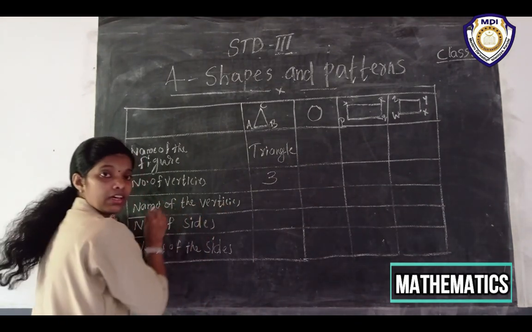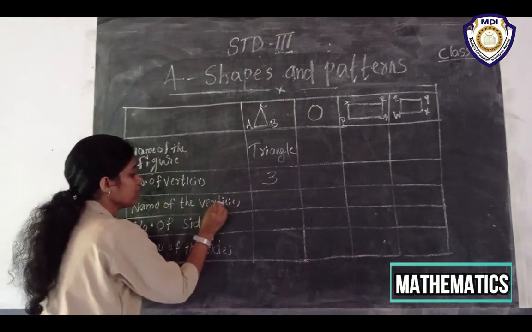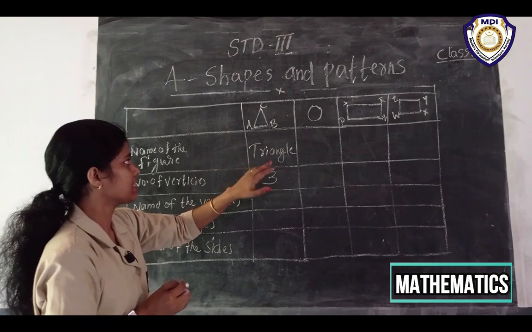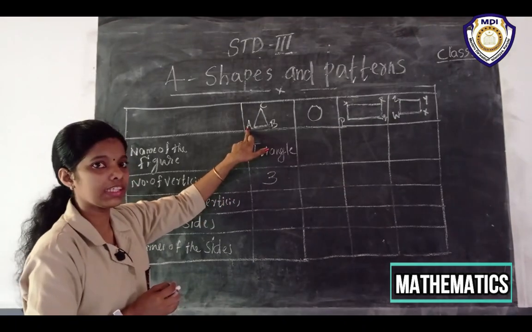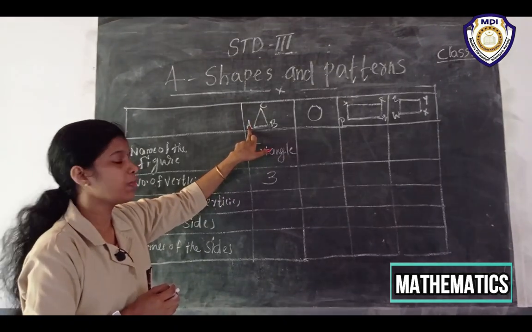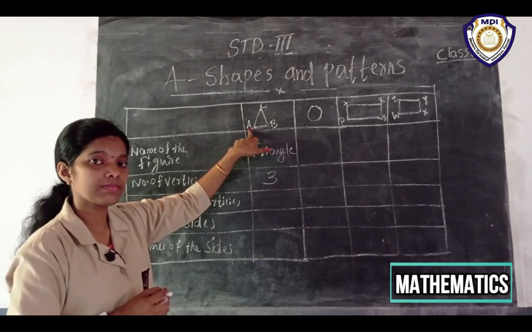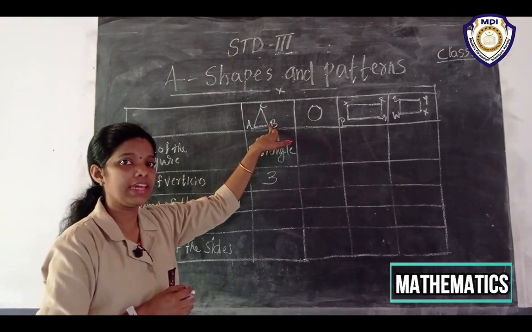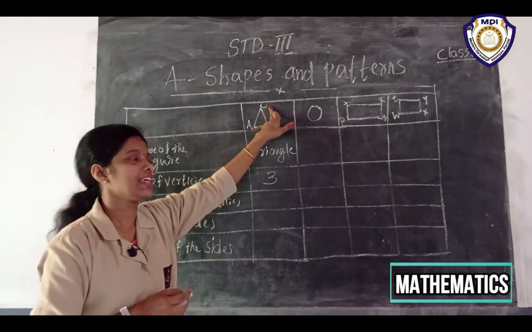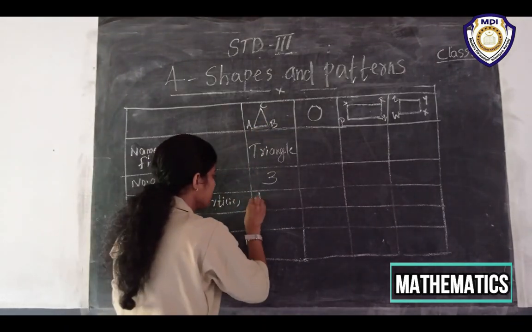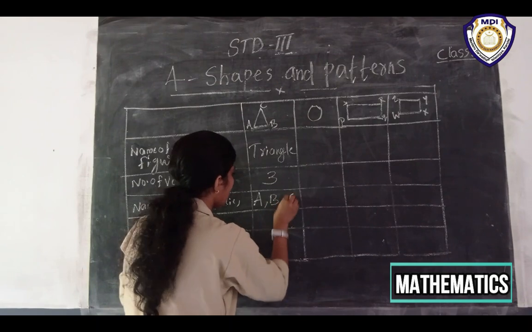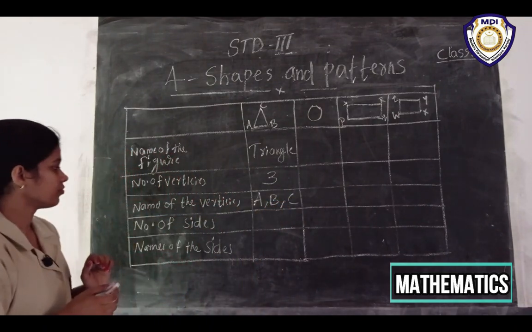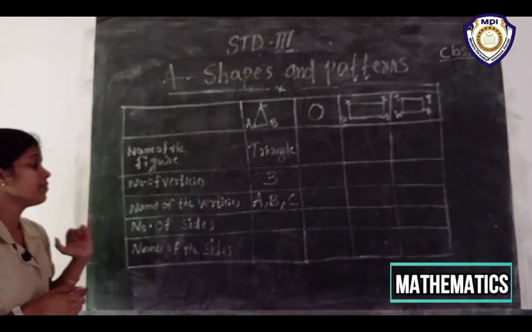Then name of the vertices. You just say the name of the vertices. A, B and C. Good.